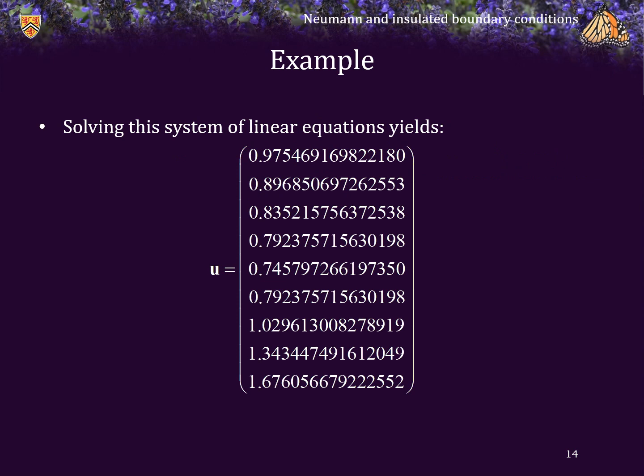Now solving this system of linear equations yields these 9 values. These are the approximations at the interior points. So for example, once again, this fourth entry is the approximation of u at -0.2, while this last entry is the approximation of u at 0.8. Also, we have that u at 1 is equal to 2.